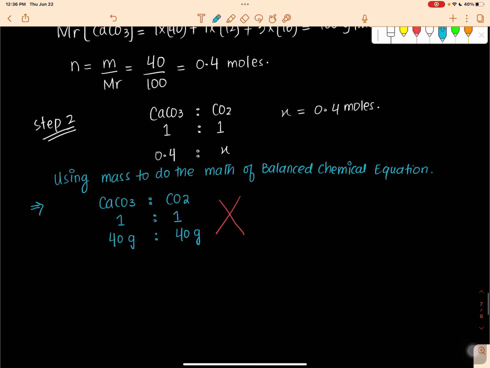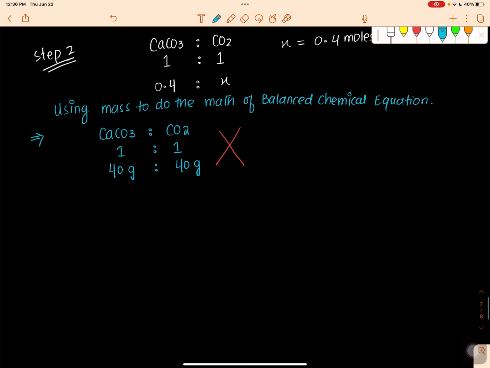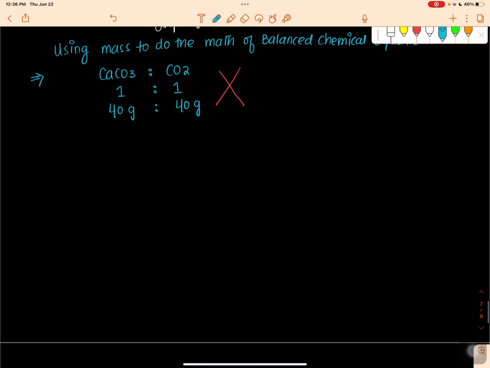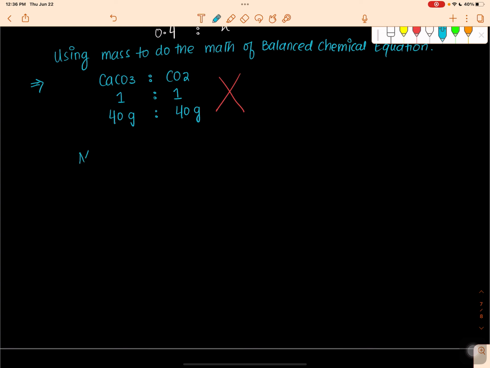The above calculation gives us 0.4 moles of carbon dioxide. So let's convert this number of moles into the mass of carbon dioxide that is actually produced. MR of carbon dioxide equals 1 cross 12 plus 2 cross 16. What do we get?